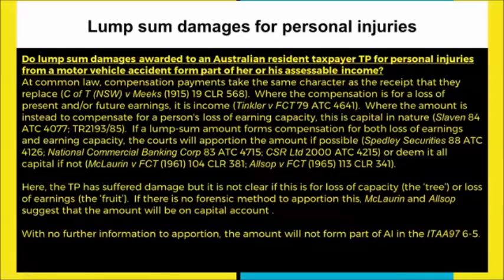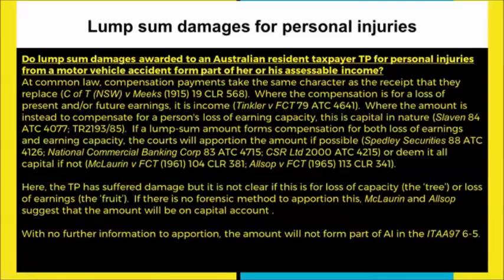But they're even slightly more generous than that. In fact, if it can't be determined how this percentage is to be worked, then the courts are actually quite lenient in terms of deeming the entire lot to be on capital account.